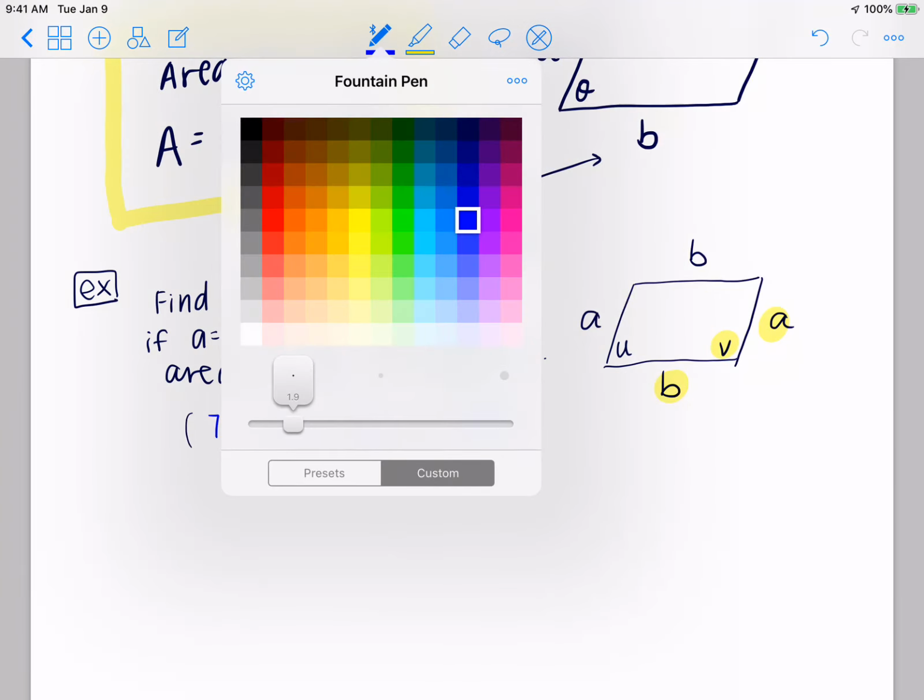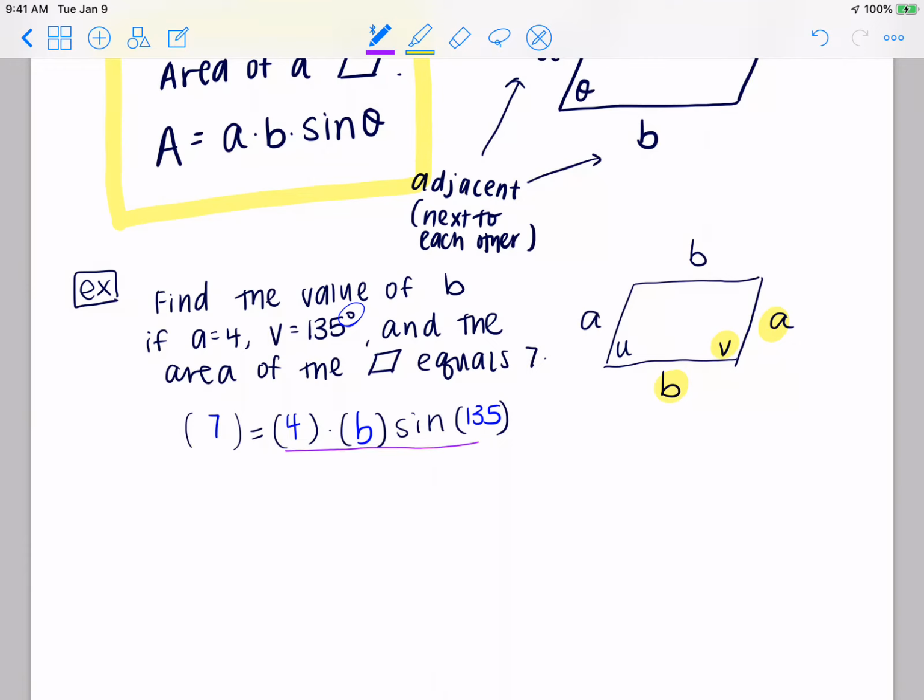If you look at where b is at, I can move everybody else by dividing 4 sine 135 over to the left side, get rid of the 4, get rid of the sine 135. Remember, when you put it in the calculator, give a big parentheses for the denominator, or else your answer would be different. So your answer right here, you should have gotten b equals 2.47.